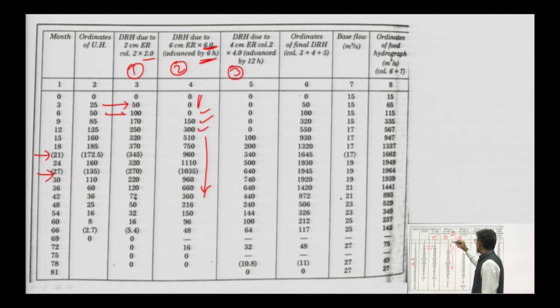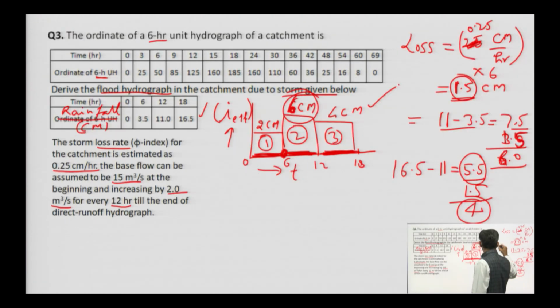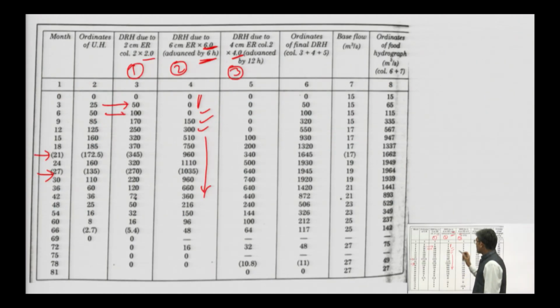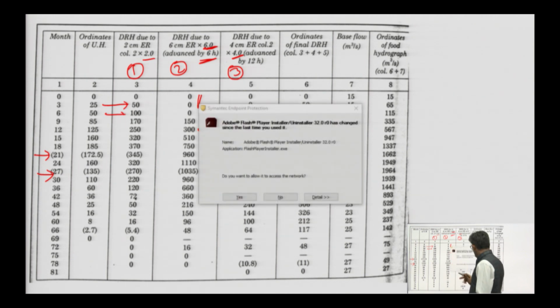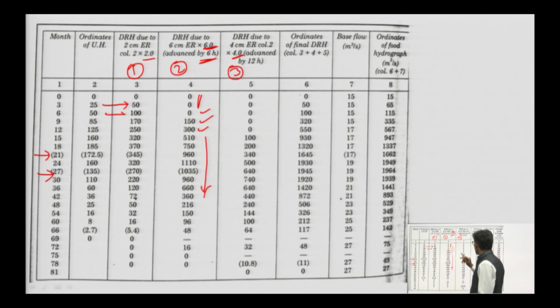And the third storm, this is for the first storm, this is for the second storm, this is for the third storm. Effective rainfall is 4, we have calculated here. Therefore, the ordinates shown in column 2 will be multiplied by 4, and this is starting at t equals 12 hour.